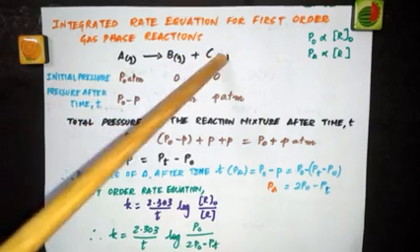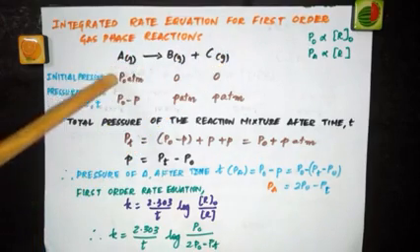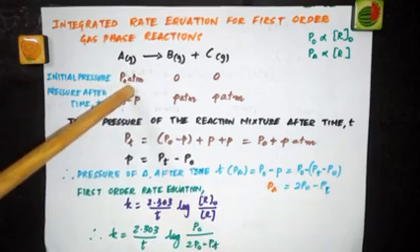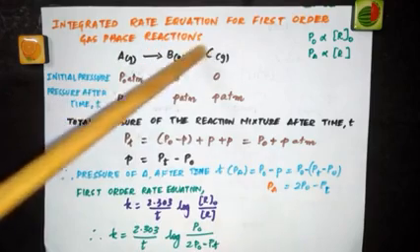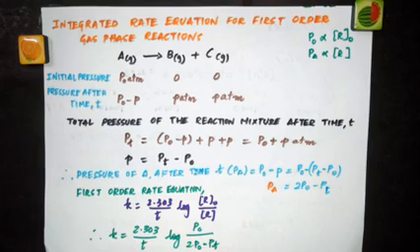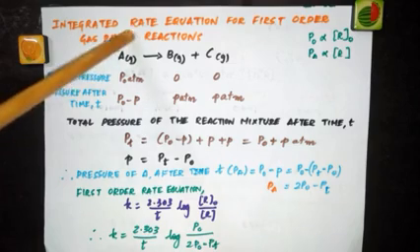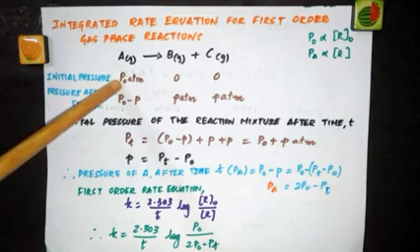So initially B and C would not have been formed because they are the products. So only A is present, so we are taking P naught atm as the initial pressure of A. For B and C it's 0. After some time T, there is P atm pressure decrease in A. So when we started, the pressure of A was P naught atm.